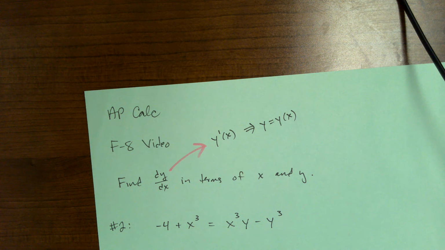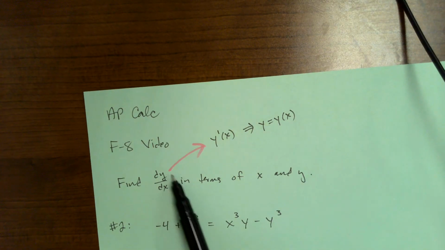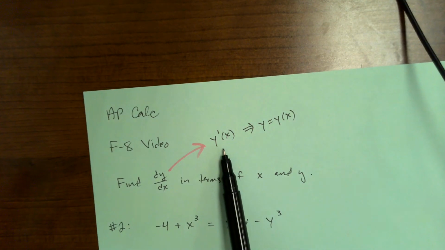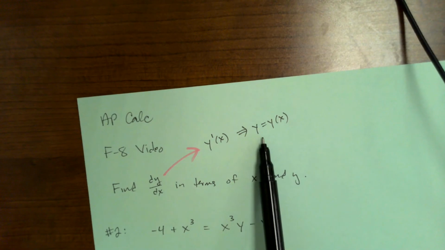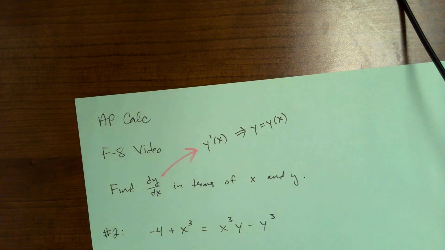All right. So dy dx means y prime of x, which implies that y is equal to y of x, which means that we're going to need to use chain rule to find some derivatives.